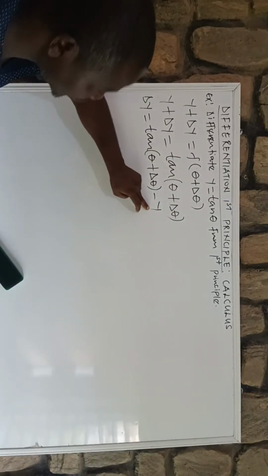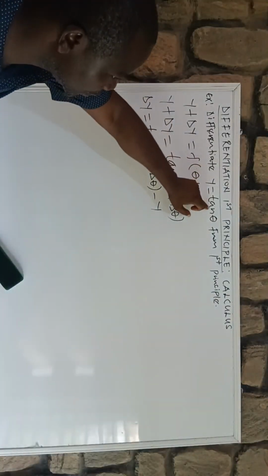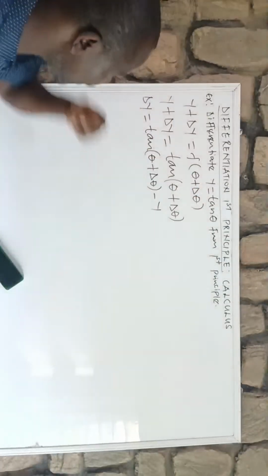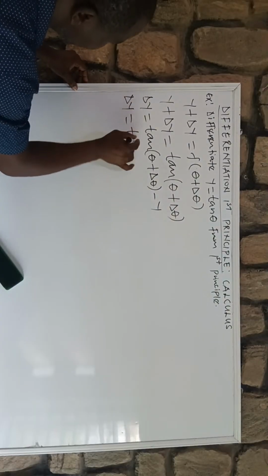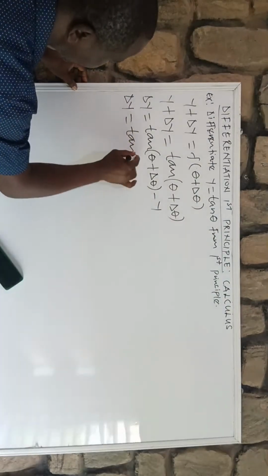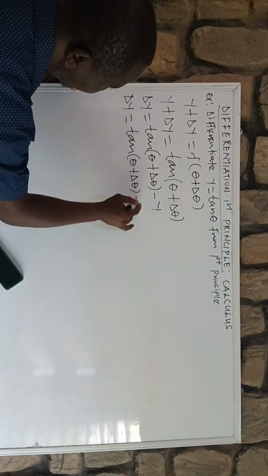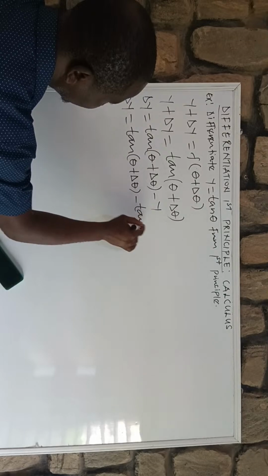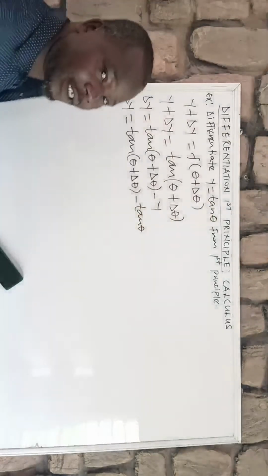Then, what is your y? Your y is given here as tan theta. So our dy is equals to tan open bracket theta plus delta theta minus tan theta, because our y is tan theta.